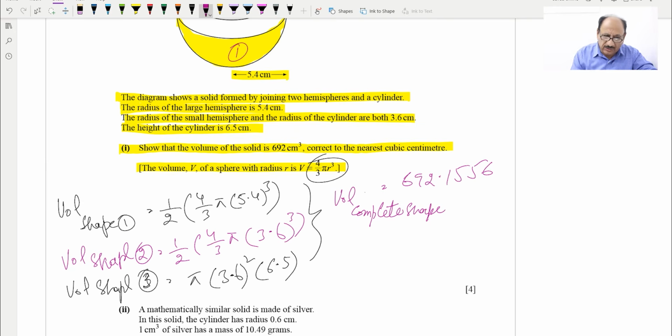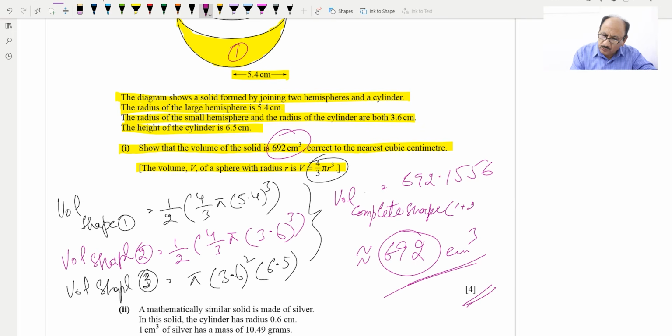So we can write approximately 692 as it was required over here, in centimeter cube. This is a 4-mark question. You can show that the volume of the complete shape, which is 1 plus 2 plus 3, we can write here so that you can understand everything.